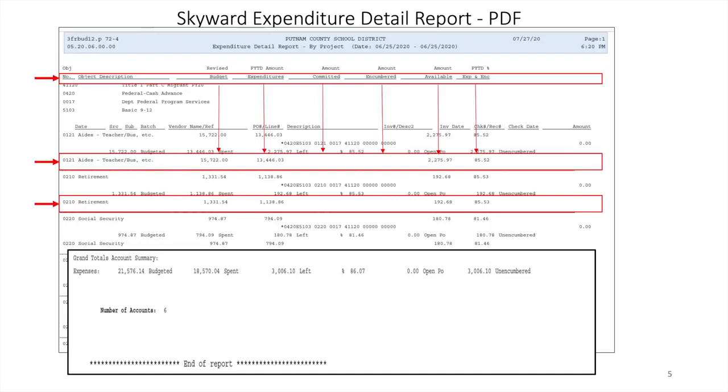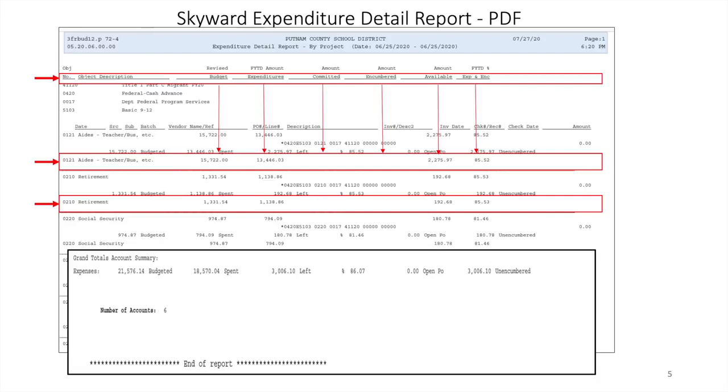The first red arrow near the top left shows the column headings. We have the object number, object description, the budget amount, which would be the beginning balance, fiscal year to date amount expenditures, amount committed, amount encumbered, and amount available.